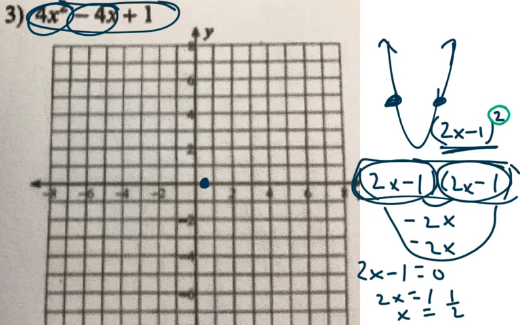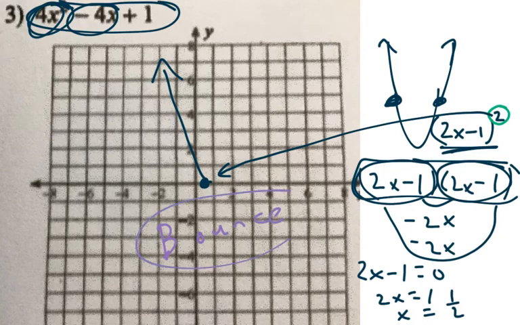So this is what it's going to do. It's going to go up like this, and it's going to be really sharp because of the positive 4x squared, okay? And because of the double root, that too means it's going to bounce there. We know it's going to bounce. Hopefully you can see that. It's just going to touch.